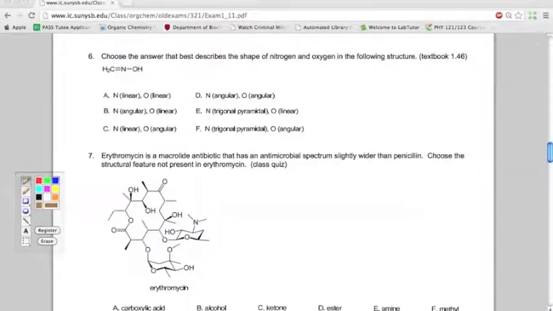Okay, well, this nitrogen, now it is not going to be trigonal pyramidal, because let's draw that nitrogen again. And a trigonal pyramidal shape would be like this. So, not trigonal pyramidal.